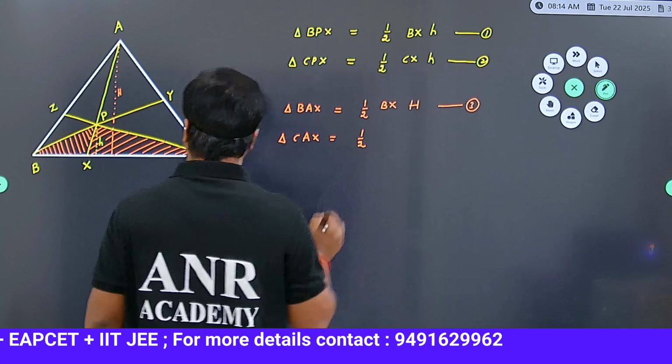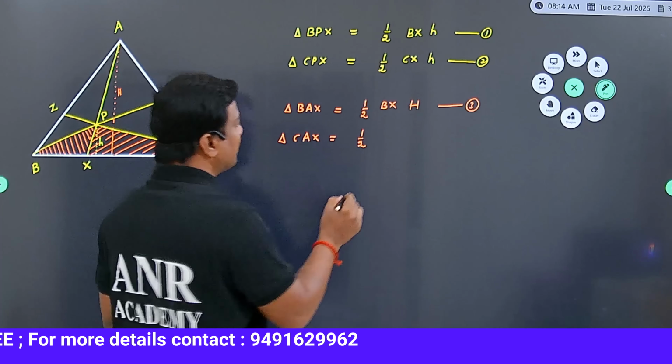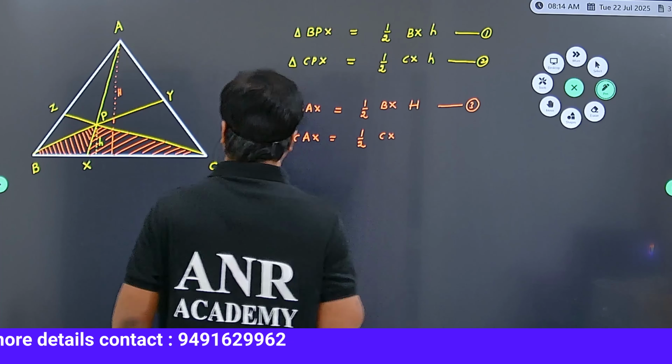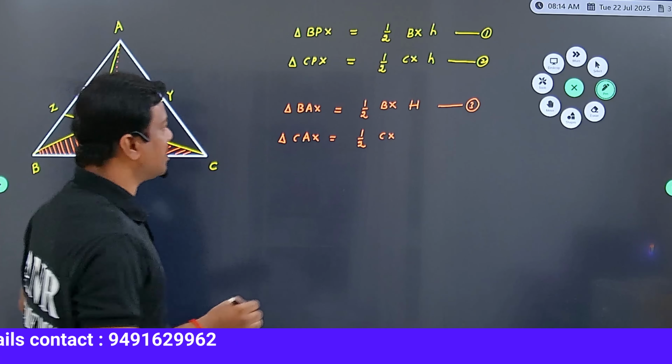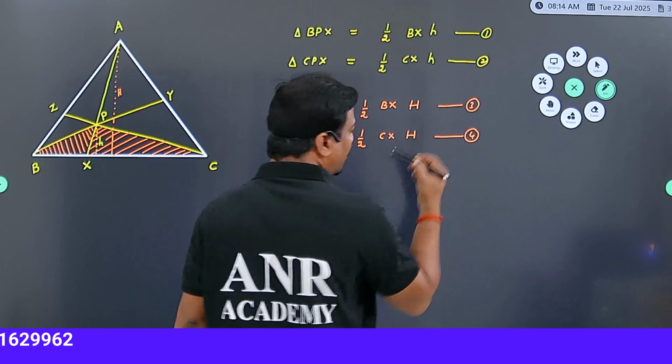Half into, for the triangle CAX, base is XC or CX and height capital H. This is result 4.